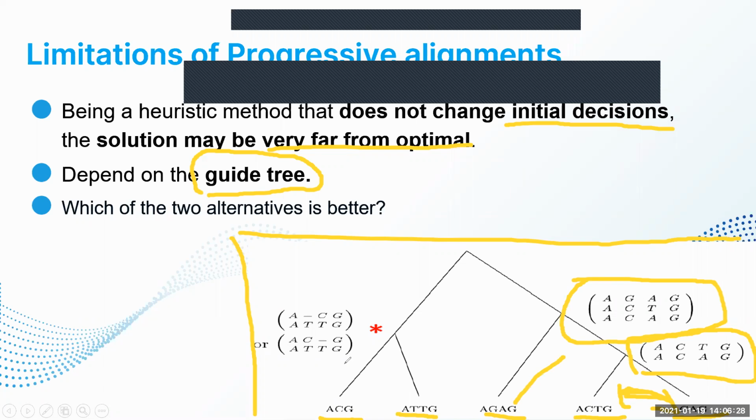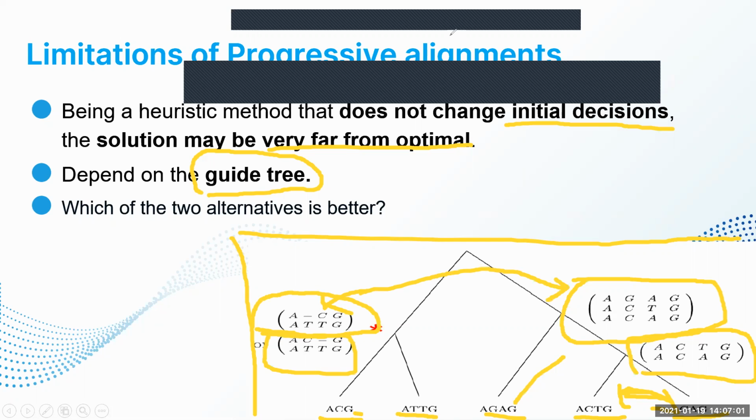If you consider the other hand, this has only three elements, so you have to introduce a gap. You can have several alignments, like this or this. If you go for this one, what will be the outcome? If you select a gap, CG, ATTG, with the gap on the left side, then you try to align with these two.